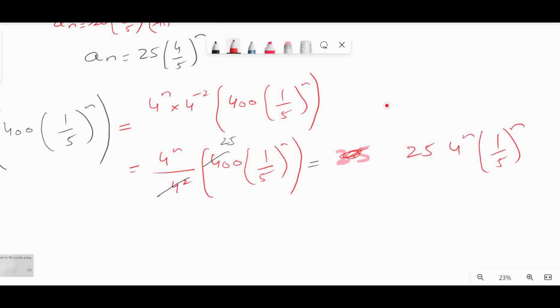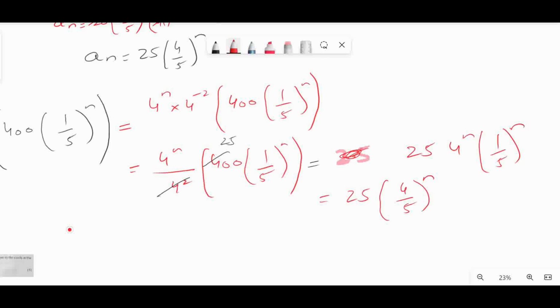Now let's see what the final answer will be. We can write it as 25 into 4 by 5 whole power n. How can we simplify it further?